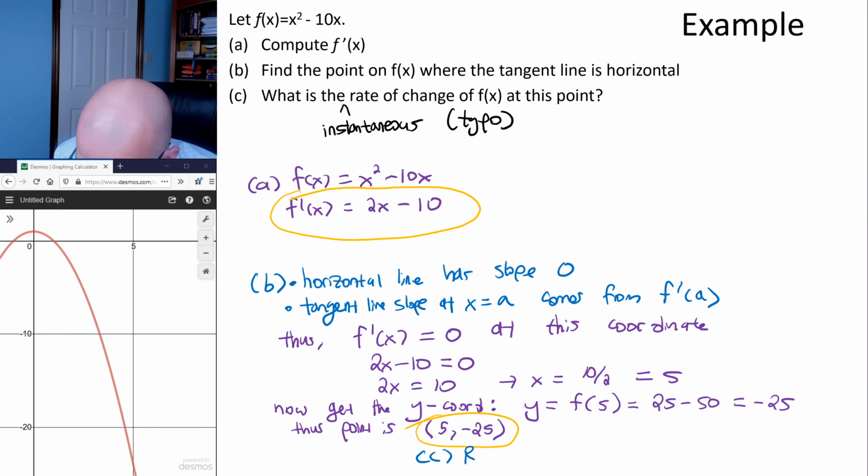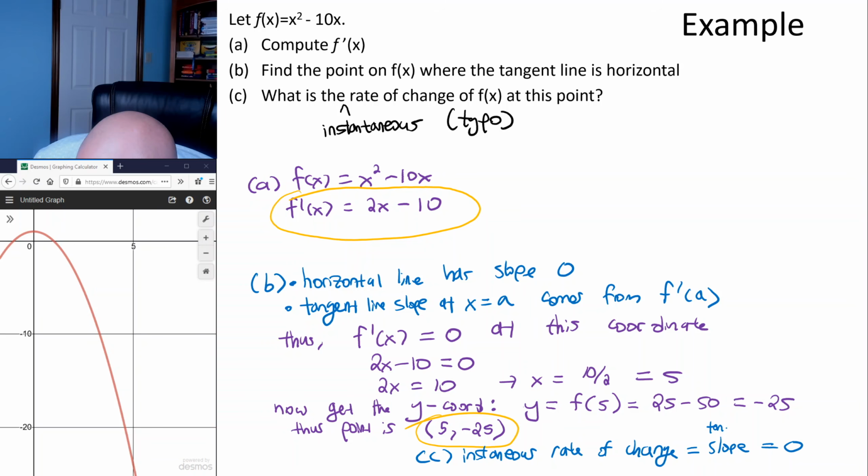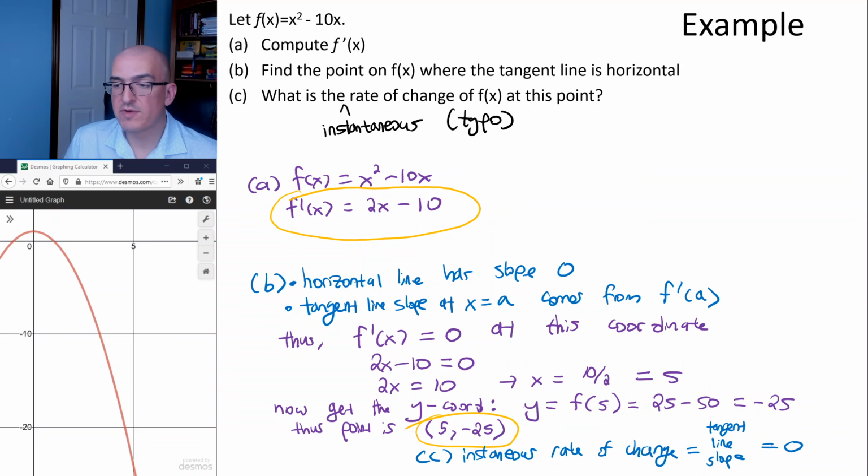Instantaneous rate of change is 0. So instantaneous rate of change is equal to the tangent line slope, which is 0.